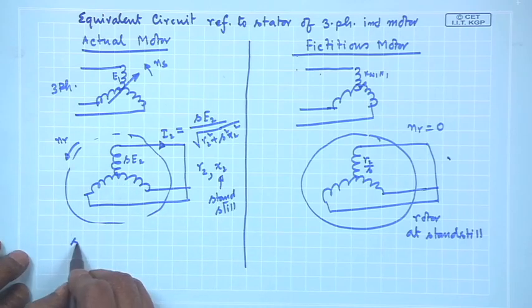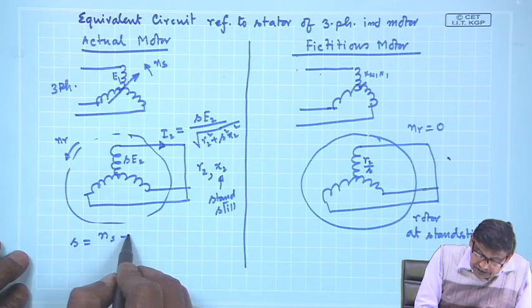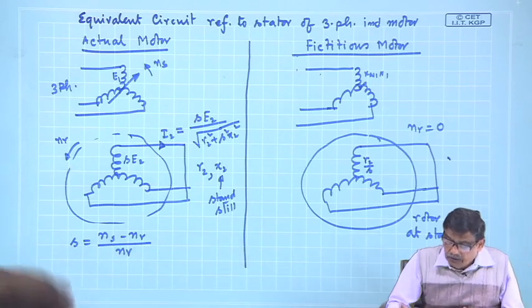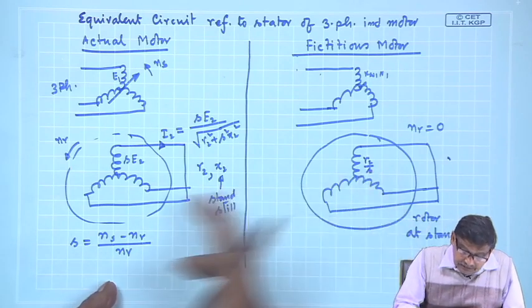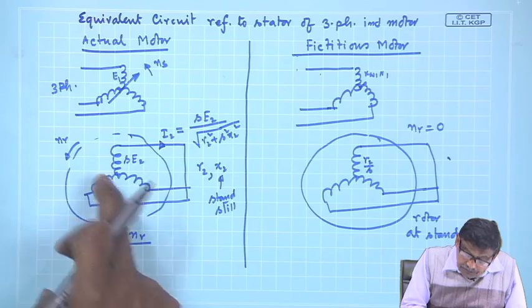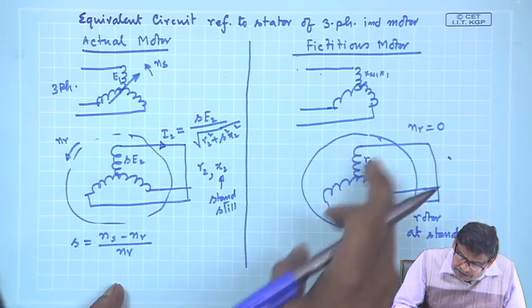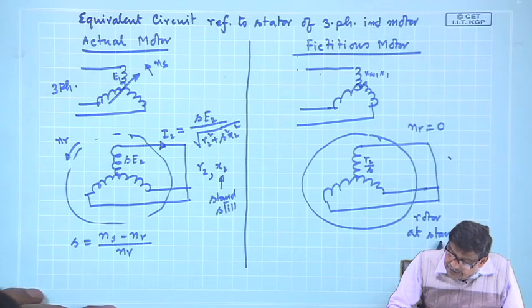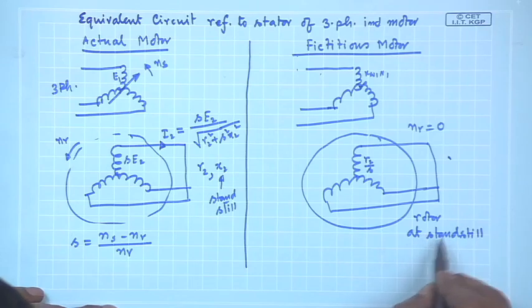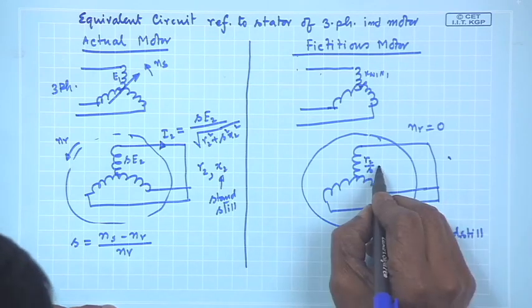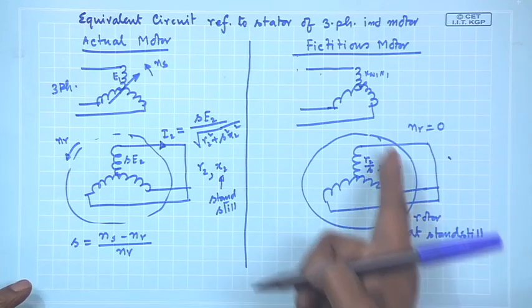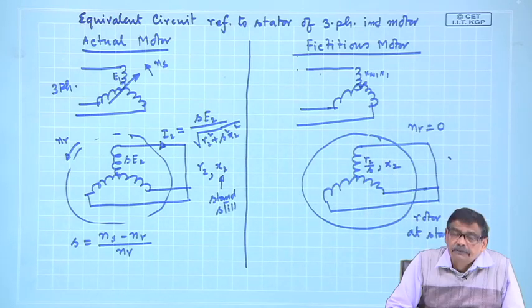What is s? s is the slip at which this machine is running. It is a number. After all, I can always imagine a resistance: with respect to the actual machine it was R2, let us imagine this resistance is R2 by s, and its standstill leakage reactance is X2. So, this motor is at standstill.